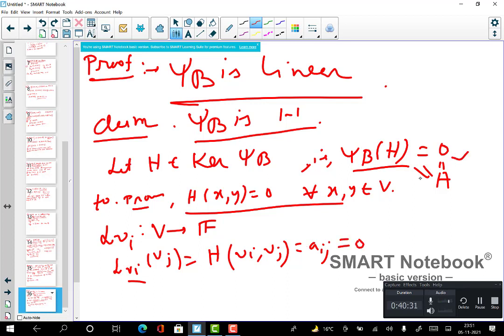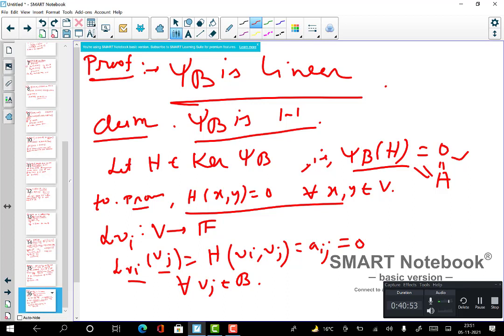So what does that mean? That means these maps L_Vi make 0 on basis vectors, for all Vj belonging to that basis. So what does that mean? That means the map itself has to be a zero map. There is no other choice.